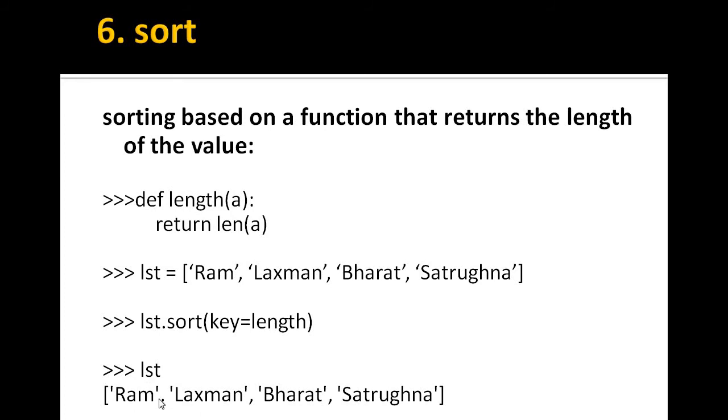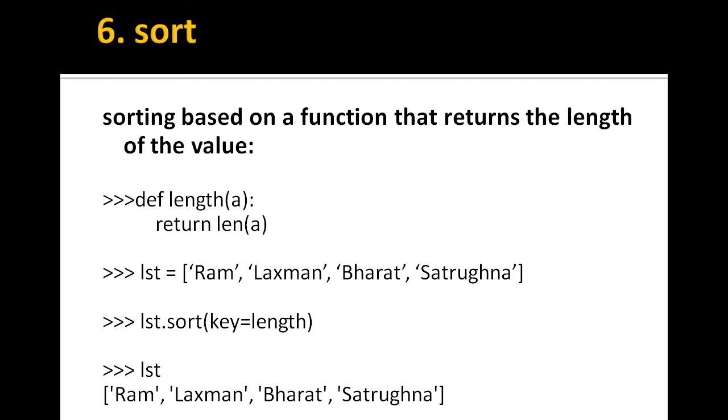The length of Ram is lowest, so it is at first position. Then Lakshman and Bharat both have the same length, and Lakshman occurs earlier, so it is Lakshman, then Bharat. Shatrughan has the most characters in this list, so it is at the last position.